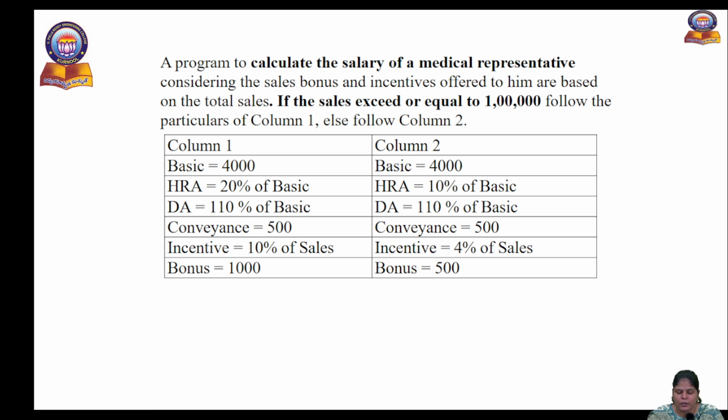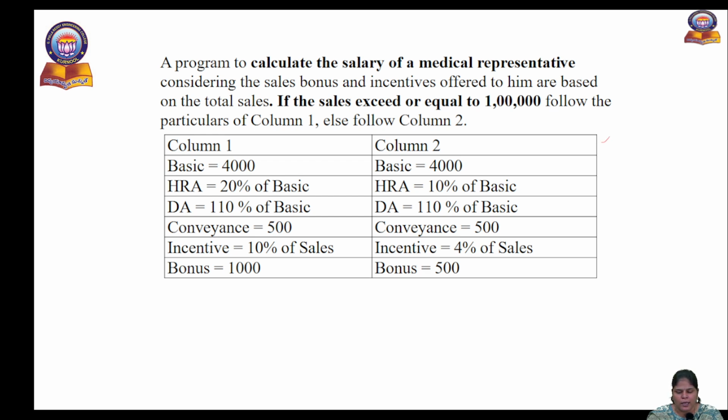Consider a program: calculate the salary of a medical representative considering the sales, bonus and incentives offered to him based on the total sales. If the sales exceed or equal 1 lakh, follow the particulars of column 1, else follow the particulars of column 2.